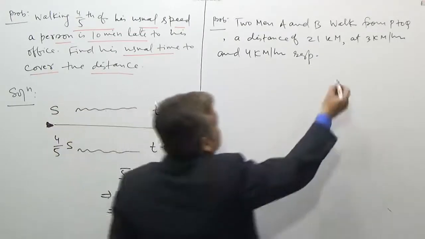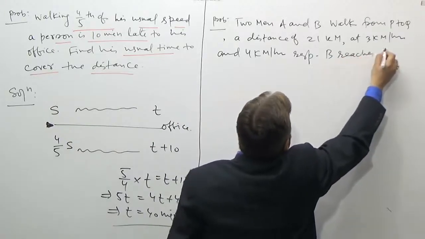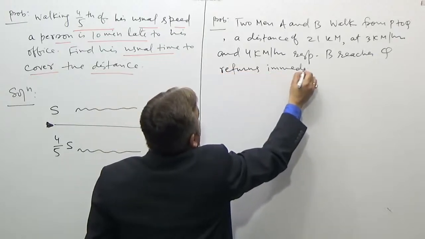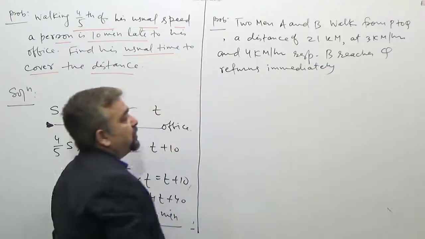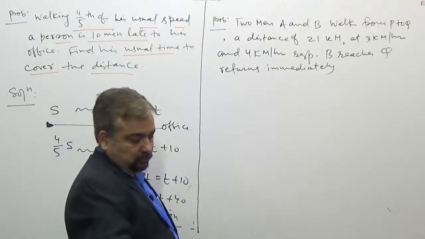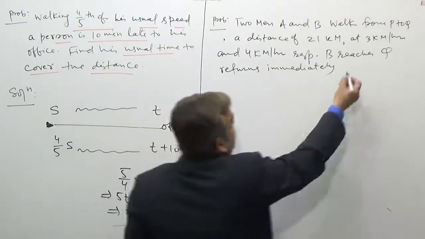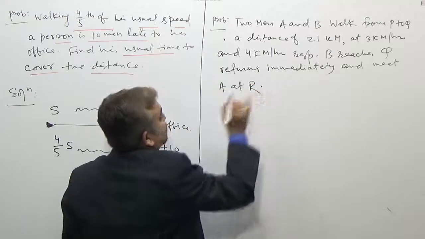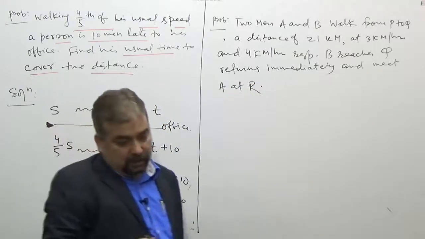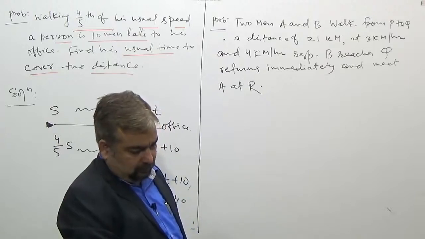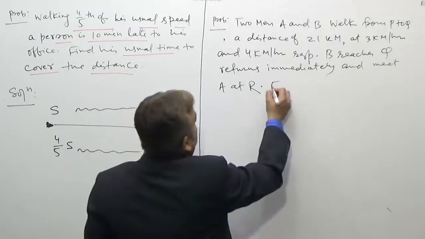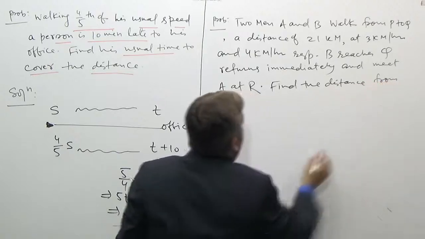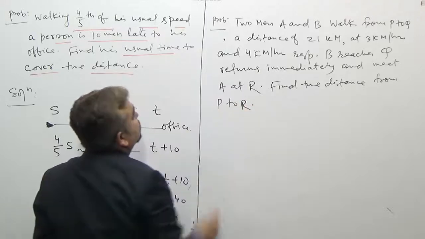B reaches Q, returns immediately, and meets A at R. Find the distance from P to R. This is the question.